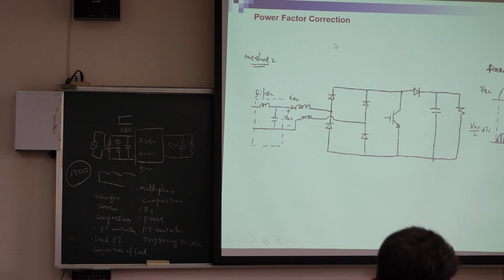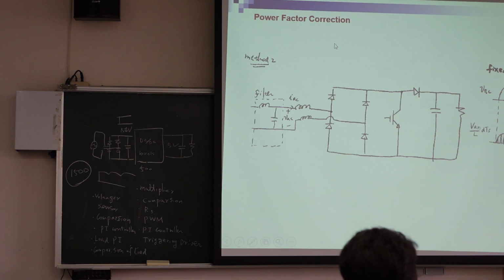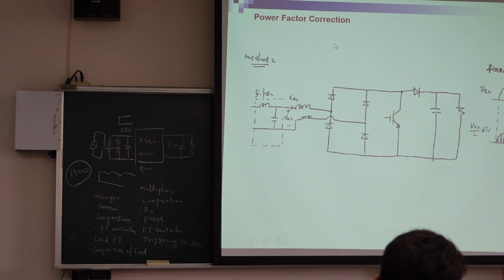And we put a small inductor here, and we have a small capacitor here, and a small inductor here. So if I turn on the switch, then I have VG here.